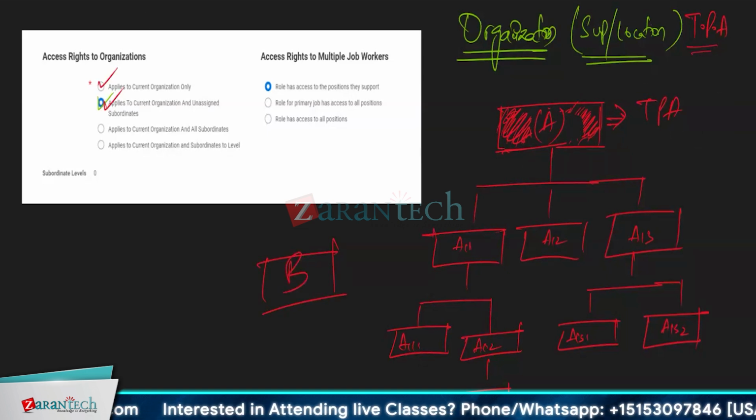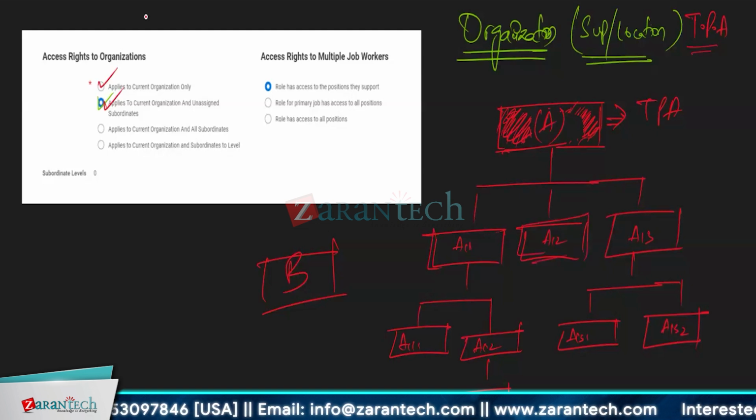So all these organizations are assigned, meaning each has a specific hierarchy, at least a superior org. This one is not assigned anywhere; it is just an independent org.